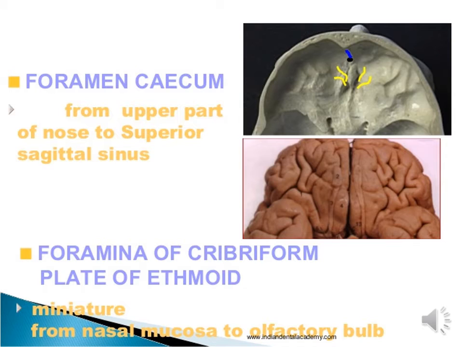The foramen cecum transmits a vein from the upper part of the nose to the superior sagittal sinus. We have small perforations within the cribriform plate of the ethmoidal bone called foramina of the cribriform plate. They transmit the nerves from the nasal mucosa to the olfactory bulb.